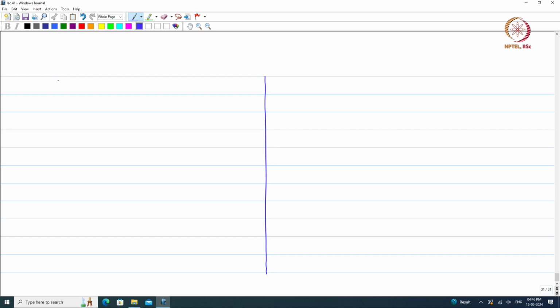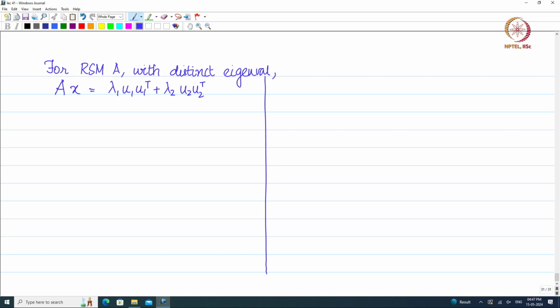Remember we also had this thing, for a real symmetric matrix A with distinct eigenvalues, Ax was lambda 1 u1 u1 transpose plus lambda 2 u2 u2 transpose plus etcetera plus lambda n un un transpose, into x.